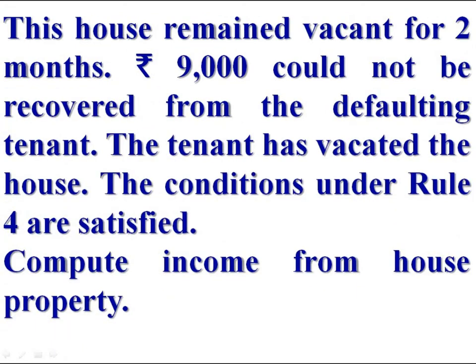This house remained vacant for 2 months. Rs 9,000 could not be recovered from the defaulting tenant. The tenant has vacated the house. Conditions under Rule 4 are satisfied. Compute income from house property. This is our question and now we are entering into its solution.